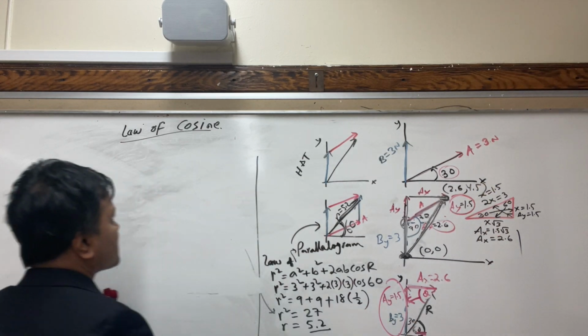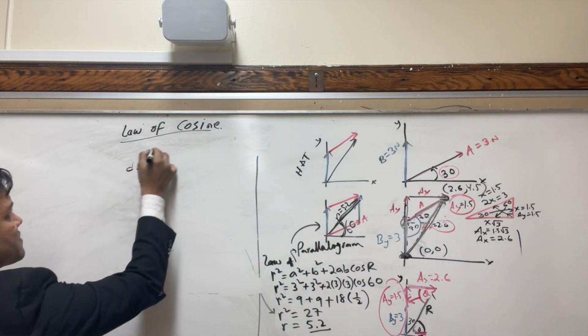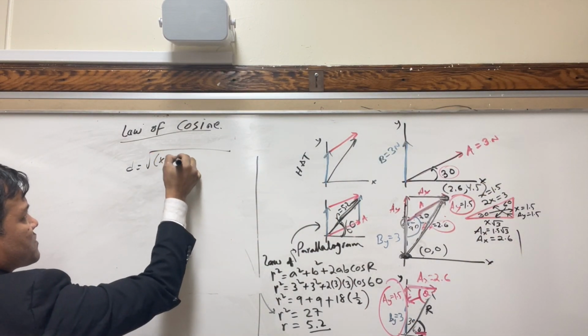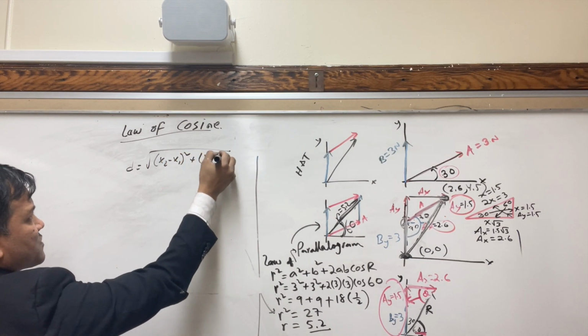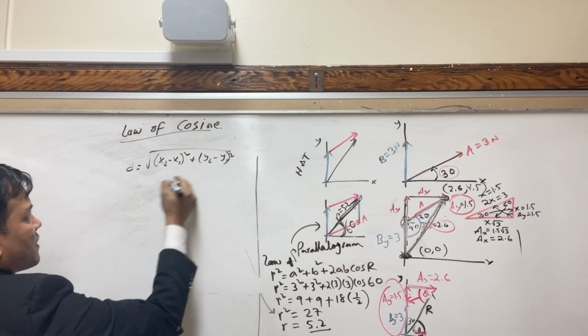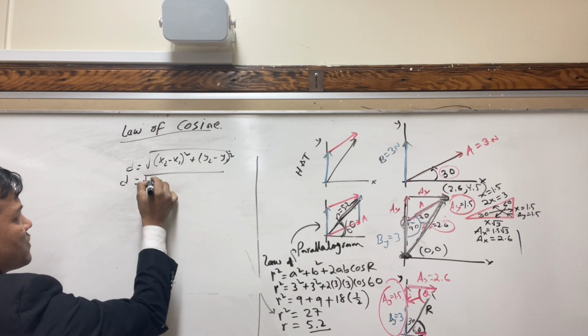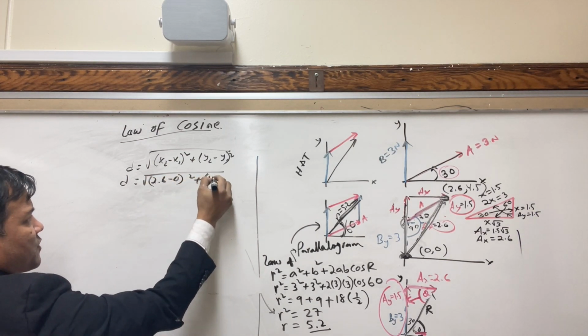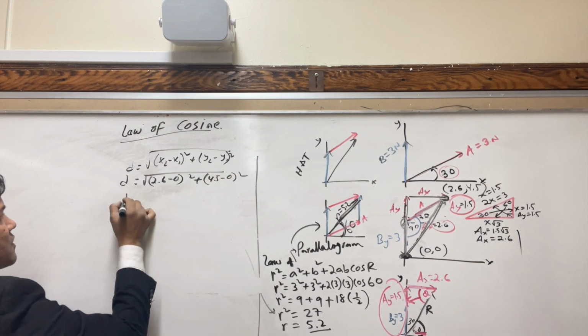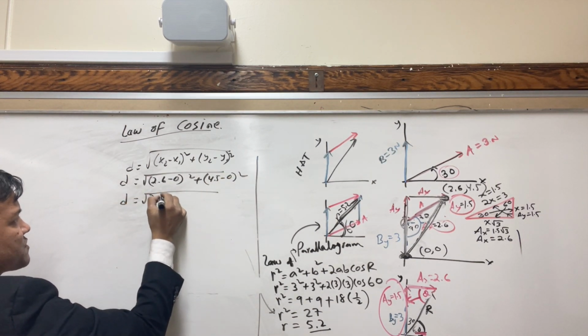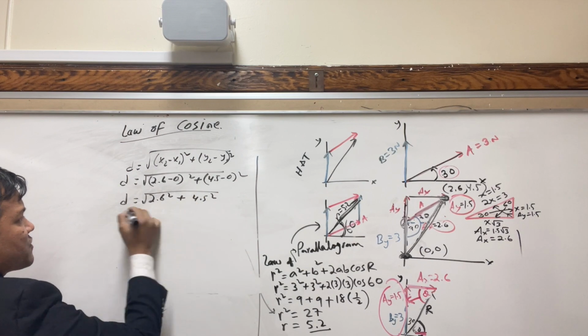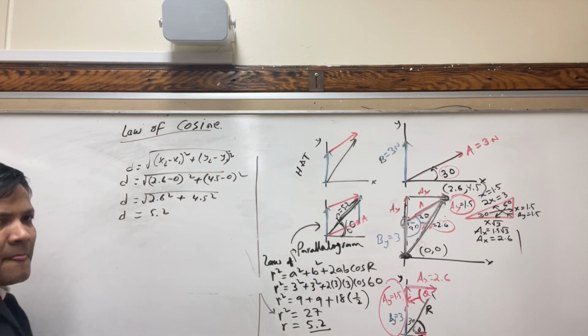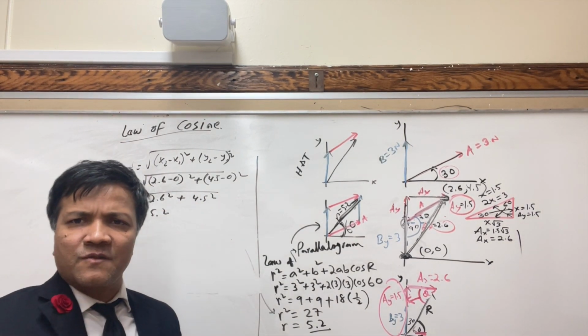The distance formula is x2 minus x1 squared plus y2 minus y1 squared. So x2 is 2.6 minus 0 squared plus y2 is 4.5 minus 0 squared. So d is 2.6 squared plus 4.5 squared. So d is 5.2. Again, it gives us 5.2.